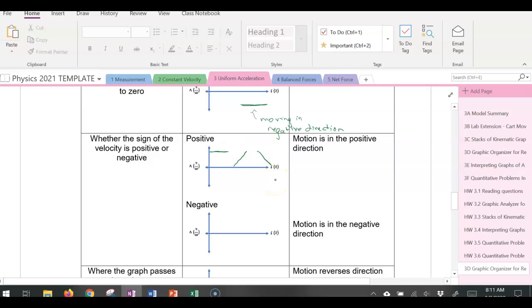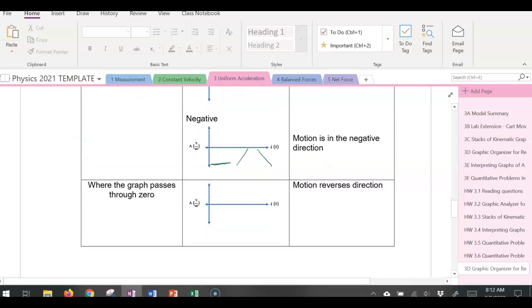But as long as the velocity is positive, you know that the object is moving in the positive direction. If the sign of the velocity is negative, so it's below zero, it could be a constant value, it could be slowing down, it could be speeding up. But as long as the velocity is negative, then you know that the motion is in the negative direction.